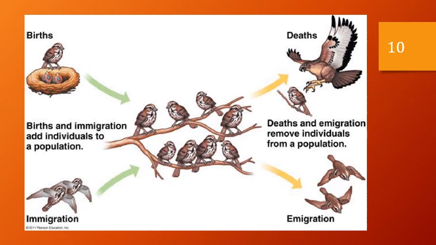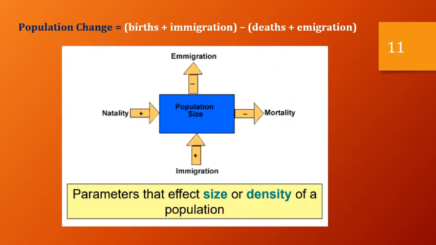So we have the birth, of course, the natality, it's an increase of the population number in a particular species, and of course kapag may death, of course it's a loss of a specific species that may result to, magdi-decrease ang population natin. So these are the parameters that affect size or density of a population.